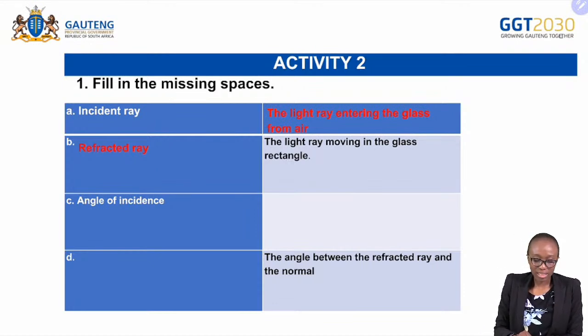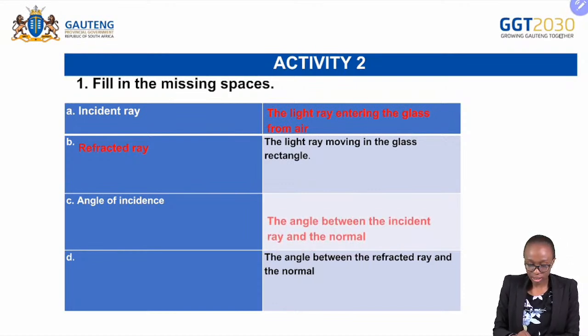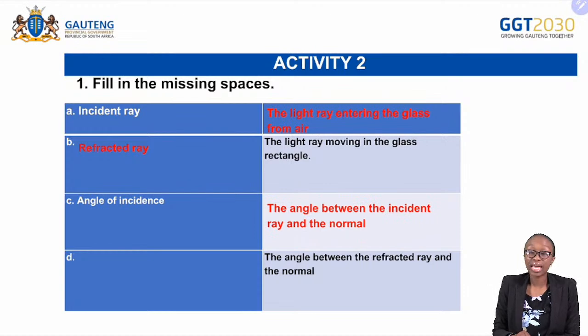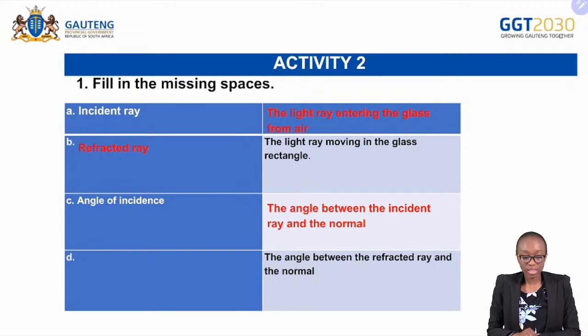So now how do we describe the angle of incidence? What's the description for that one? It is the angle between the incident ray and the normal. So that is the description. And then what is the term that matches this description? It is the angle between the refracted ray and the normal. We've got the angle of refraction.